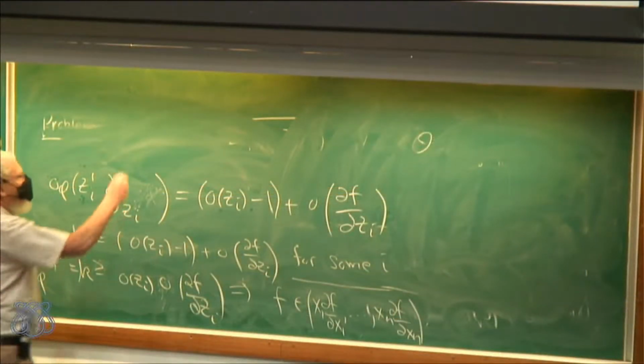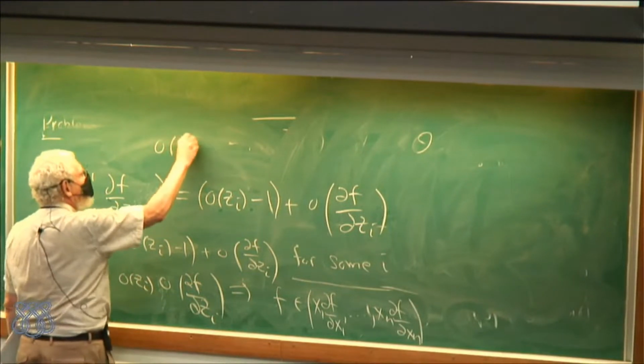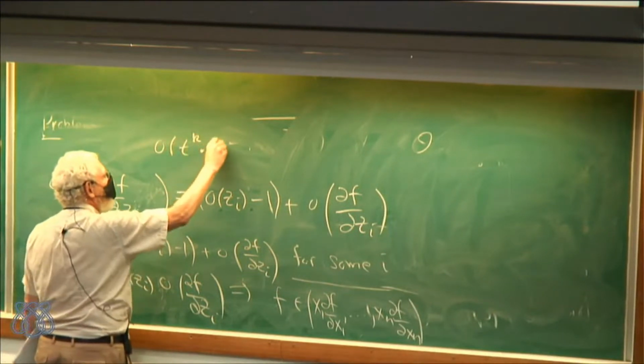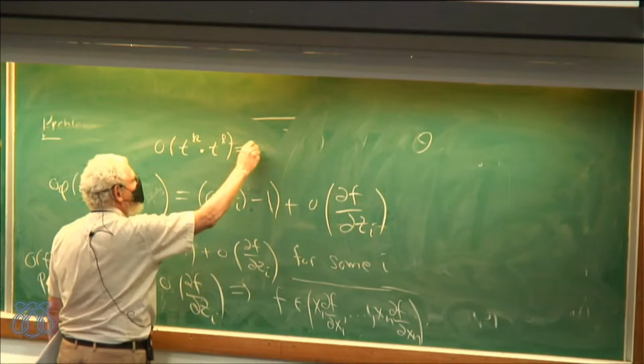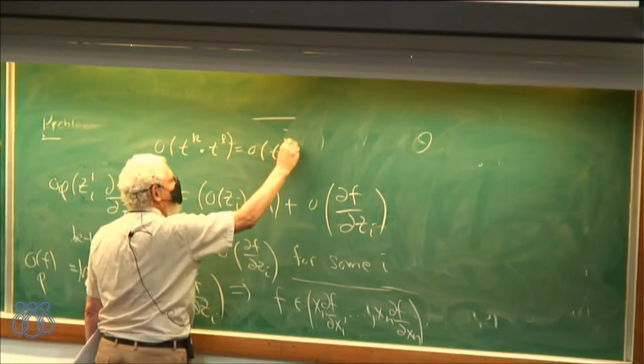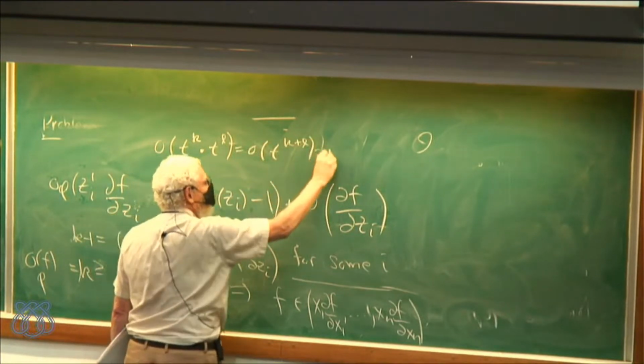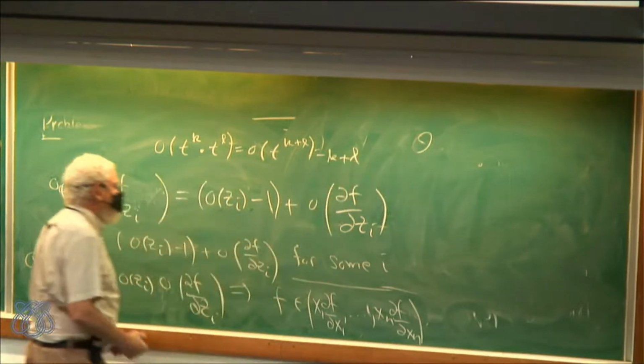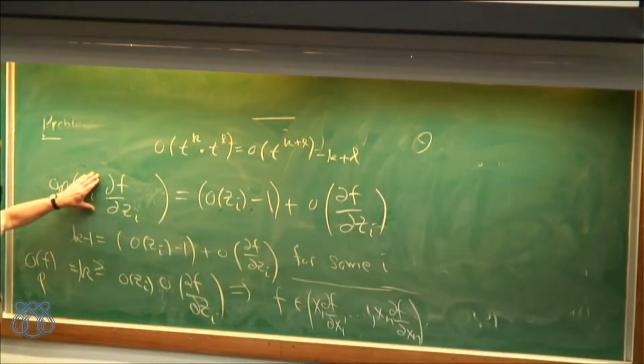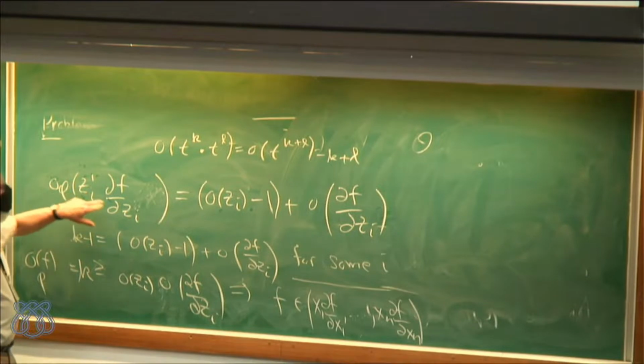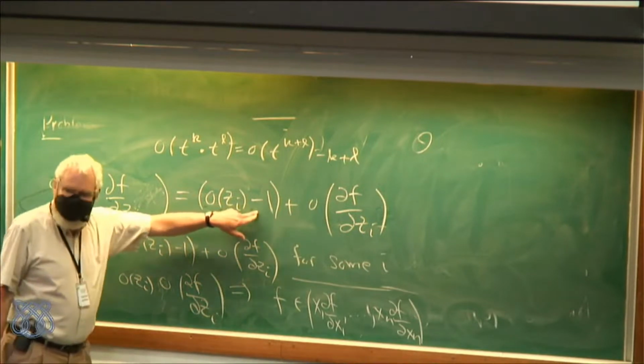So if we have the order of t to the k times t to the l, that's the order of t to the k plus l, which is equal to k plus l. So here we have the order of this one. Now the order of this one is equal to the order of the original minus 1, because we took the derivative.